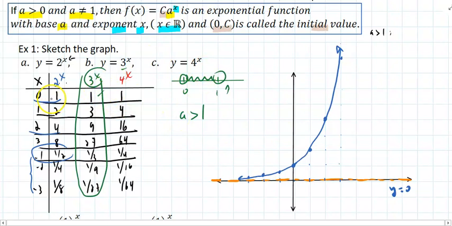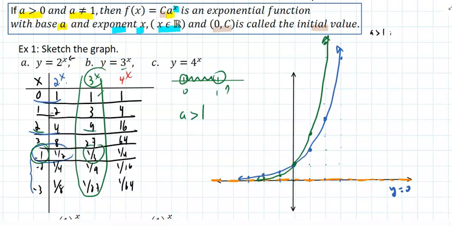If I pick 0, 1; 1, 3; 2, 9. I don't get to go to 3 because that's big. So to the right, it seems the bigger the number is, the steeper this graph is. To the left, negative 1, 1/3; negative 2, 1/9. So it seems to the left it's below.